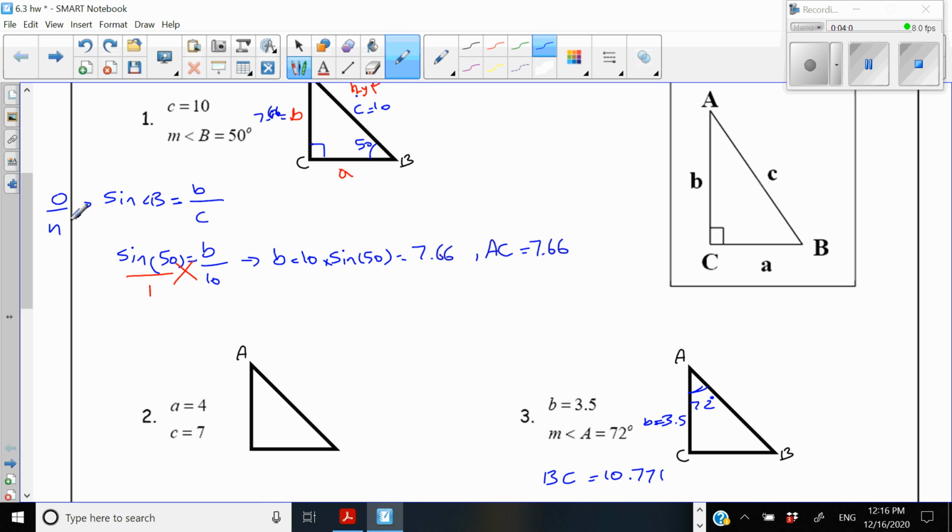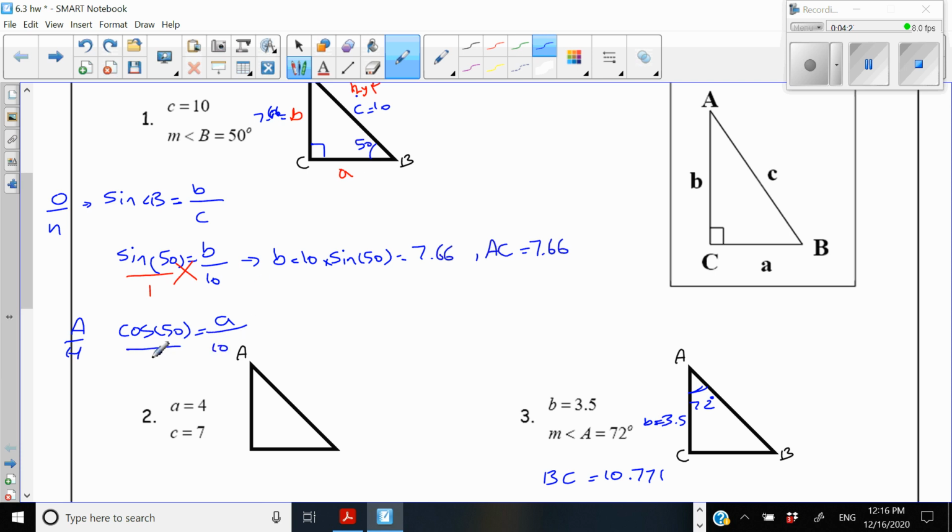Okay, now that I have another side found, I can easily find the third side. I can either use the Pythagorean theorem, or let's do another thing this time. I think this one is easier, but it's up to you. You can use any way that you want. So this time I'm going to use cosine of 50. We know that cosine is adjacent over hypotenuse. Adjacent side is a and hypotenuse is 10.